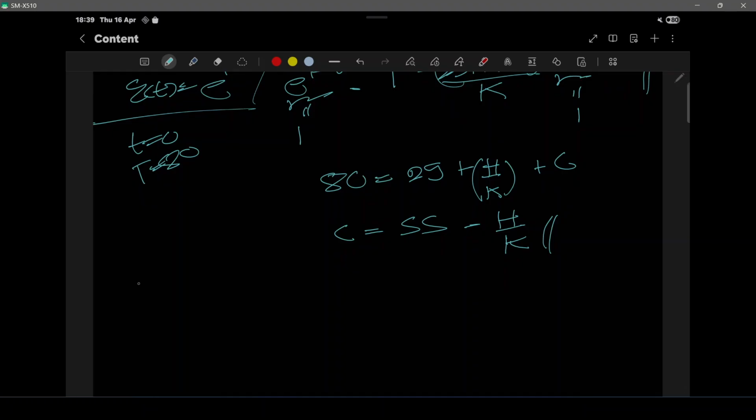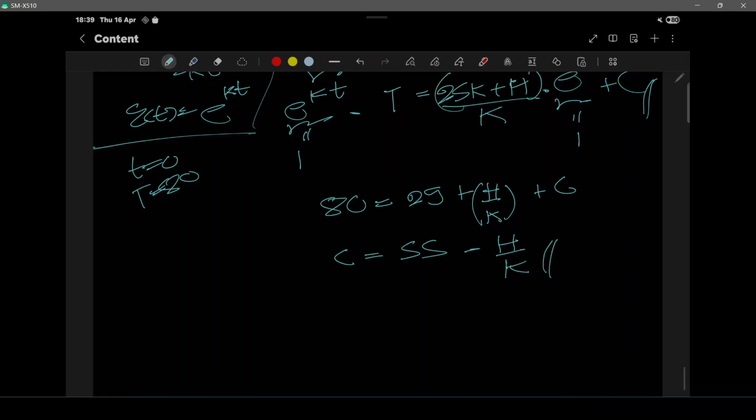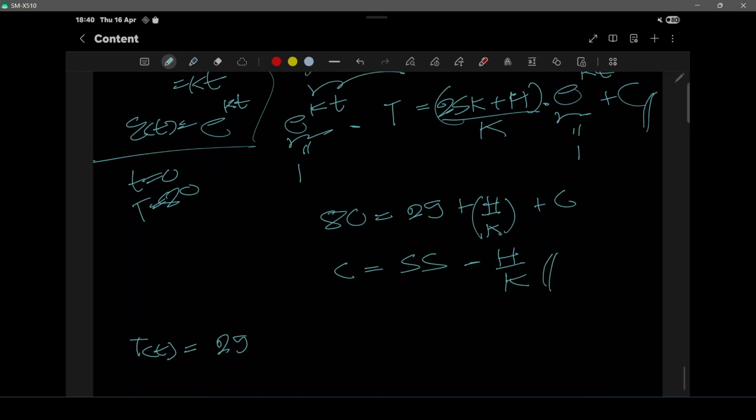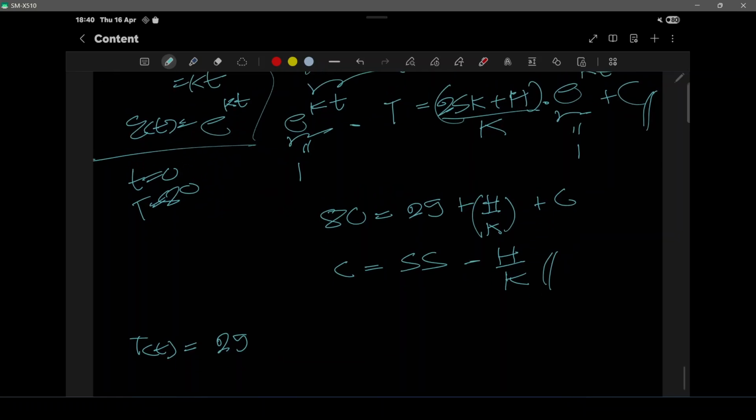So the final answer would be, if I divide the whole equation by e to the power kt, T is equal to 25 plus h over k.